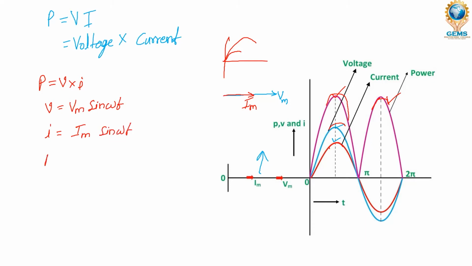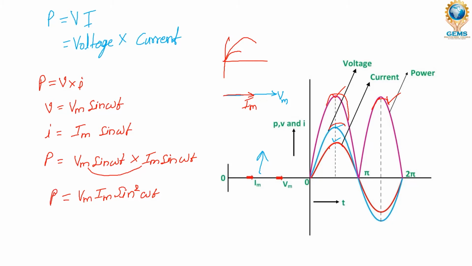So power equals Vm sin omega t into Im sin omega t. Vm into Im, and sin omega t into sin omega t gives sin square omega t. This is the power formula. We will continue this.